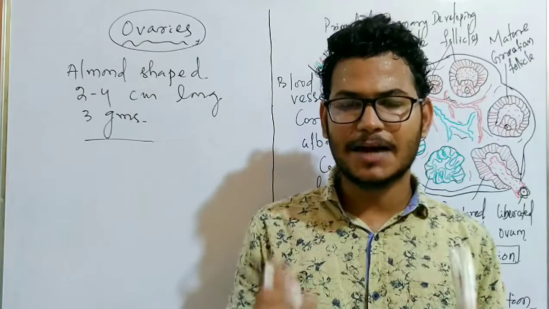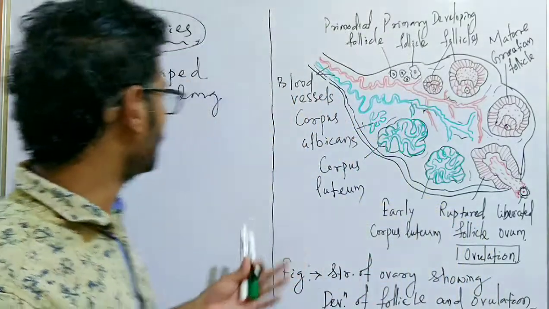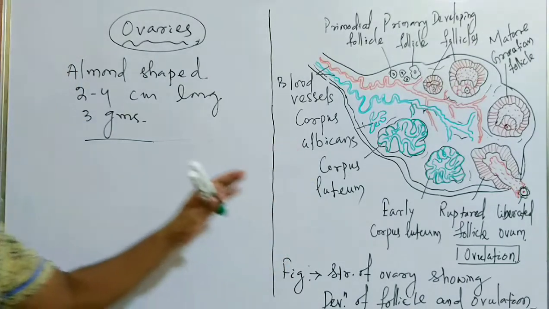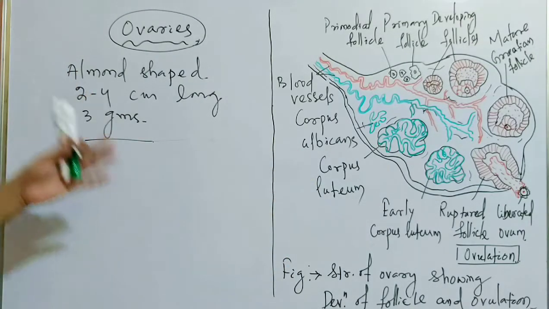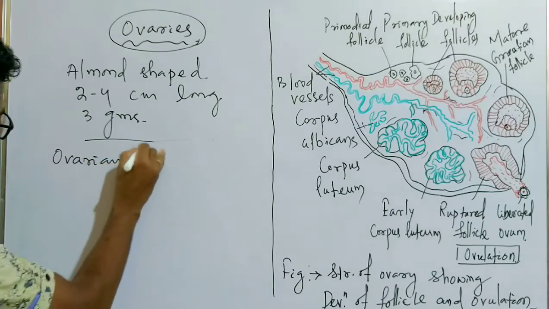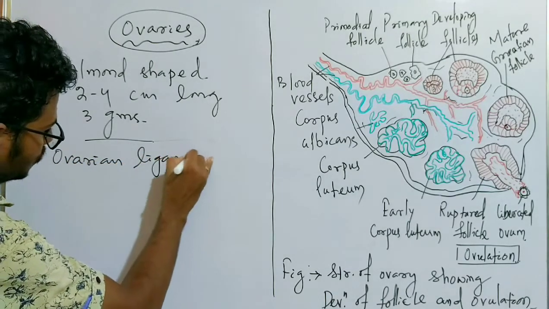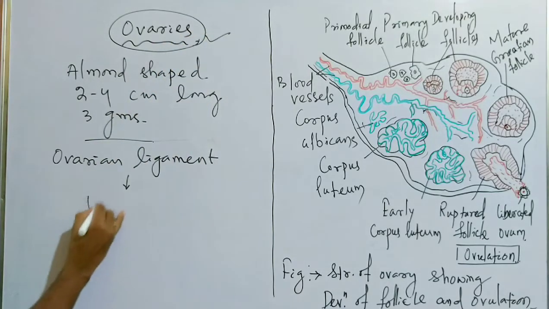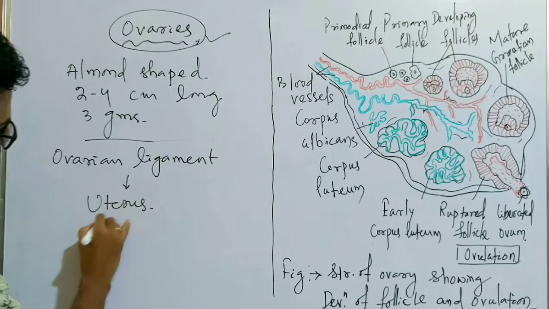They are present in the abdominal cavity, in the pelvic region of the female, and the ovaries are attached to the uterus by the ovarian ligament. Through this ovarian ligament, the ovaries are attached to the uterus.